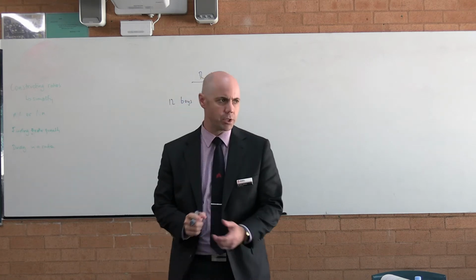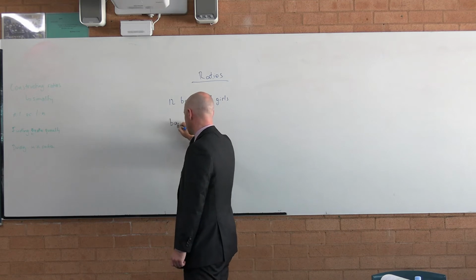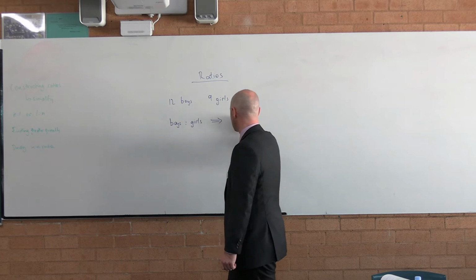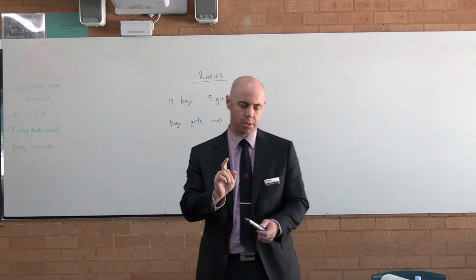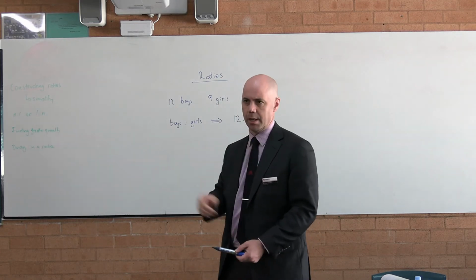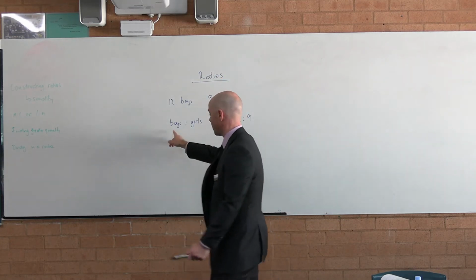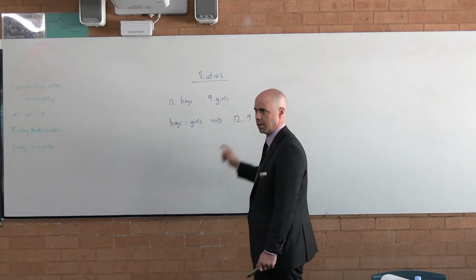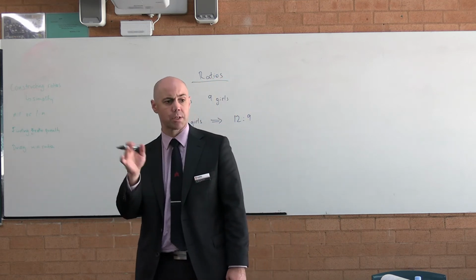We can make a ratio of boys to girls in this class, and it is as simple as just putting the numbers in that describe each of those quantities. So we set the ratio as being boys to girls, the boy number first and the girl number second, and that's what it is. Now there's more we can do with that, but that's just as simple as it is.